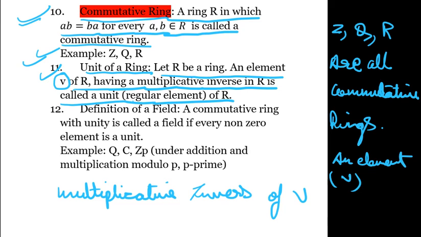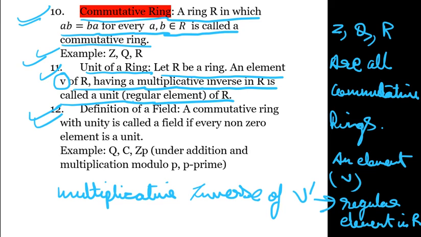So this inverse of V, say V dash, is called a regular element in R.